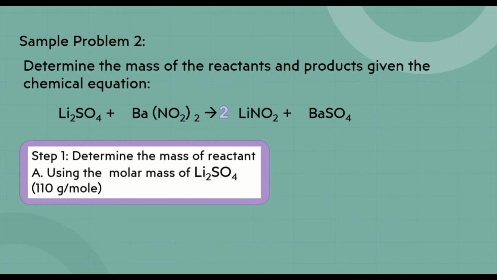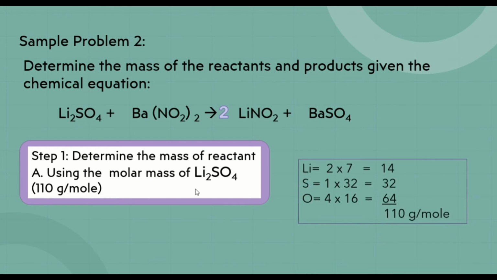Okay? Step 1. Determine the mass of reactant A. And our reactant A is lithium sulfate. So we have 110 grams per mole. So how did we get 110 grams per mole? Still, we will recall determining the molar mass of a compound. So in lithium sulfate, we have 2 atoms for lithium since the subscript for lithium is 2. And then sulfur, 1 atom only since we don't see a number here.